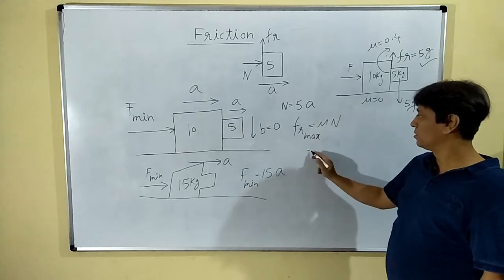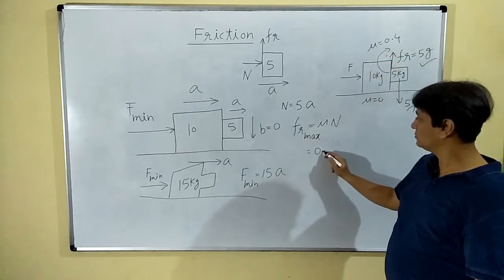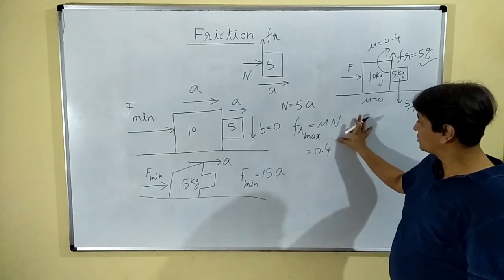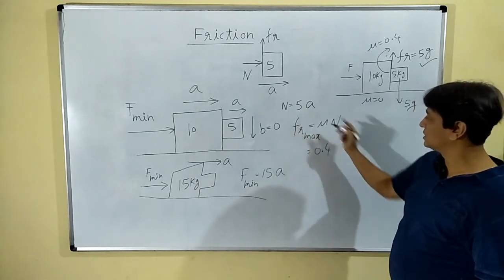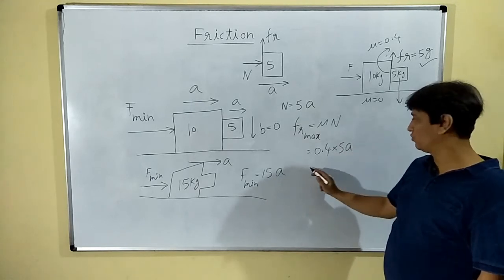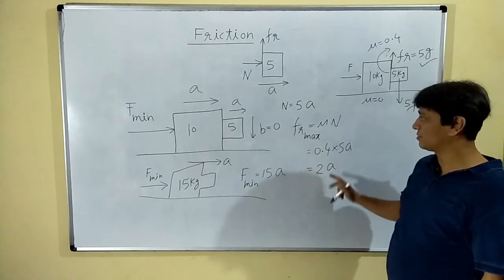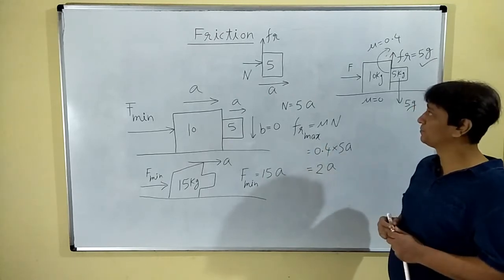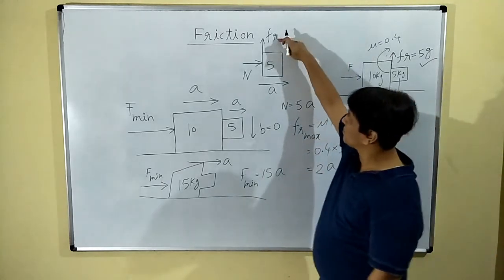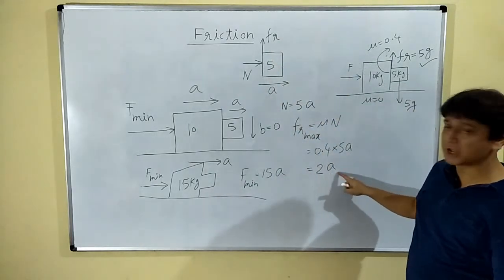Mu N. Mu was 0.4. Normal reaction is 5a. We have no idea of a so far. This is coming 2a. Fr max, ये जो Fr है इसकी मैक्सिमम वैल्यू क्या आ रही है? 2a.